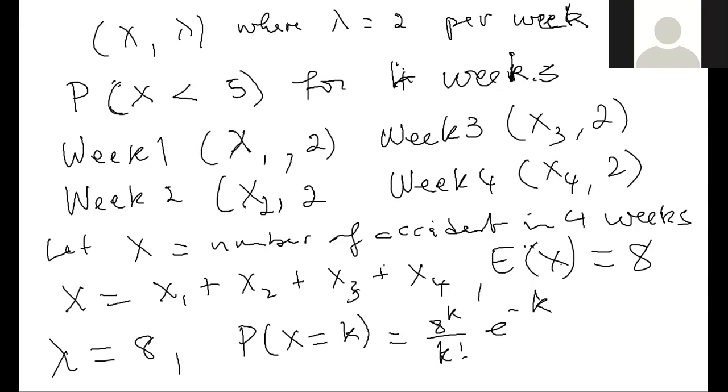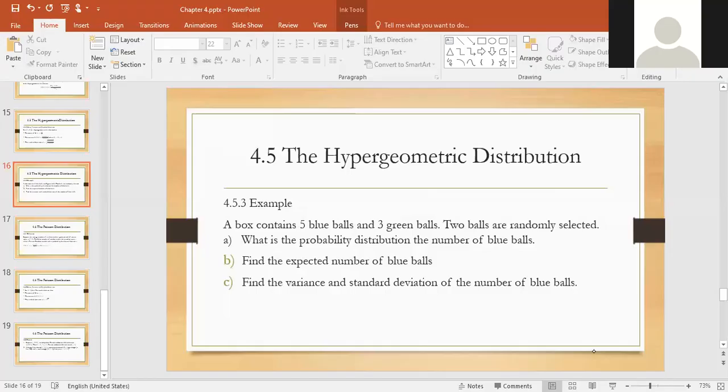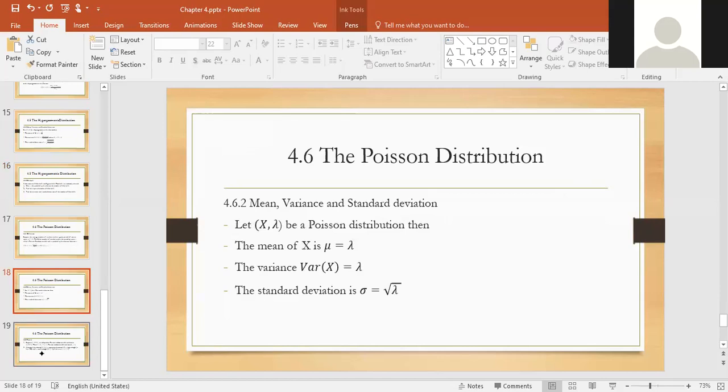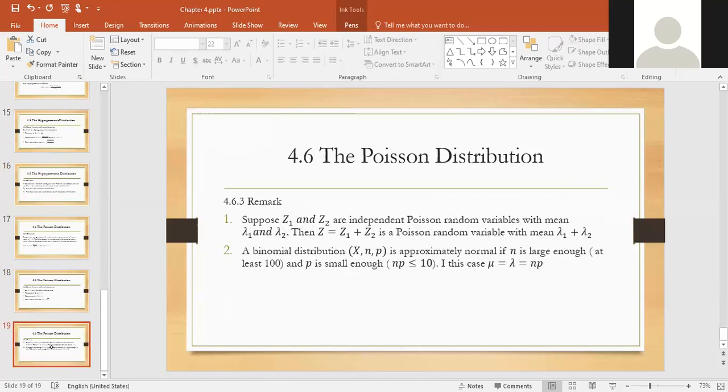Another remark. These are the two remarks that I want us to look at. The second one is that a binomial distribution can be approximately Poisson under a certain condition.